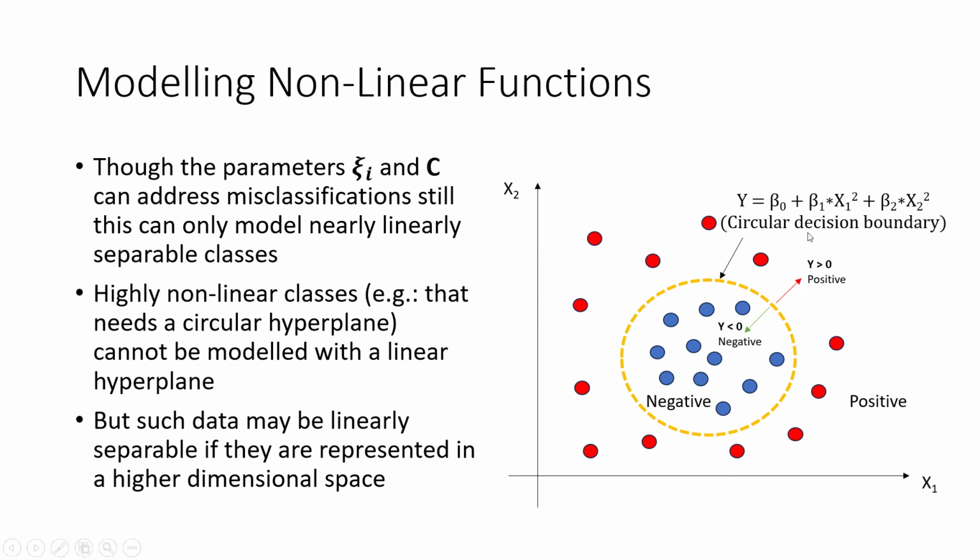For example, you can say that this circular decision boundary would be something like this, right? Where you are using the squares of x1 and squares of x2, right? It should have multiple dimensions if we are using these squares, but you can't use it in this 2D space, right?